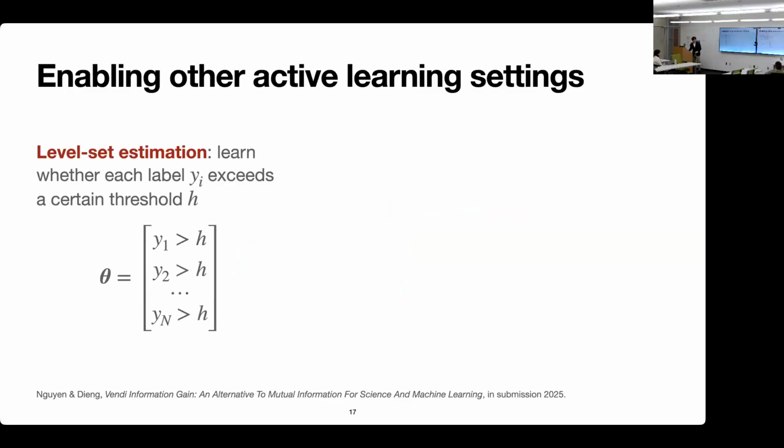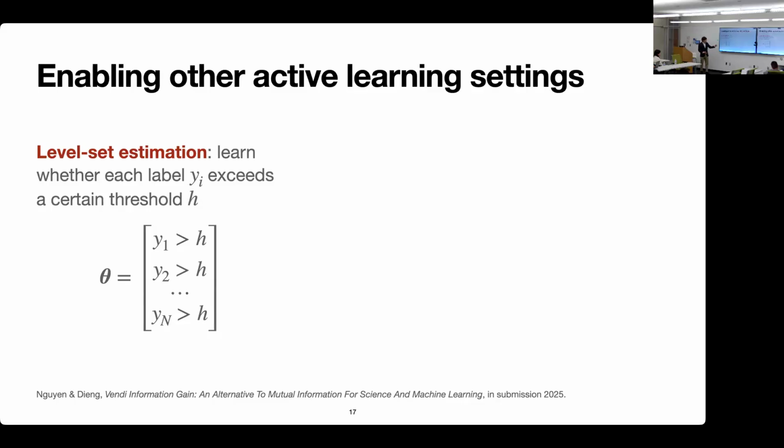Anyway, to wrap up this idea, I'd also like to point out that uncertainty quantification in high dimensions has a very wide-ranging set of applications, not just in active learning for image classification, but in other tasks as well. So in an experimental design task called level set estimation, you are in a regression setting, by the way, where you want to learn whether each label exceeds a certain threshold or not.